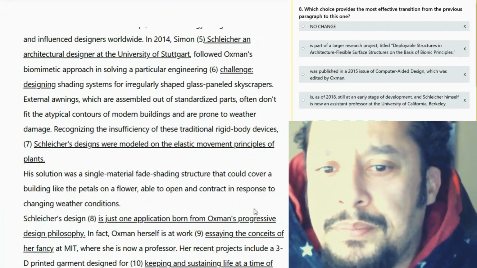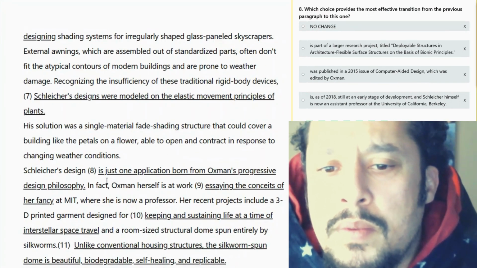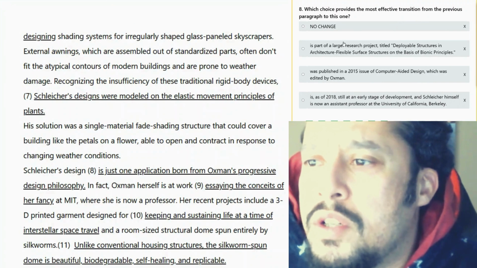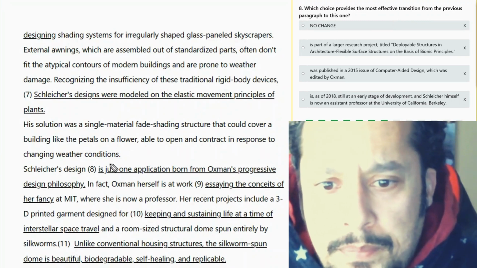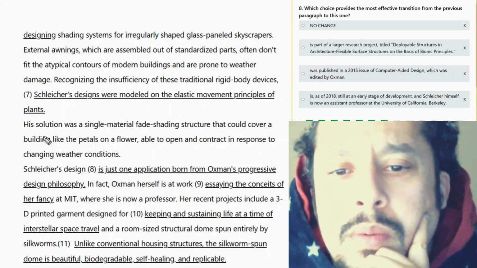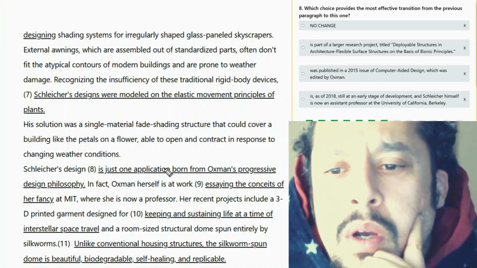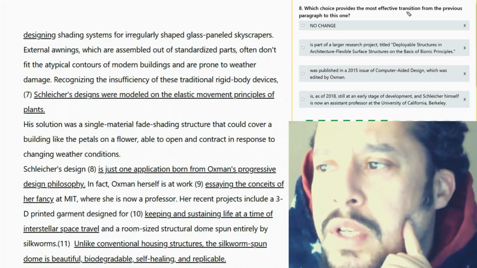Number 8. Which is an effective transition from the previous paragraph to this one, okay? So question number 8, we want a transition.